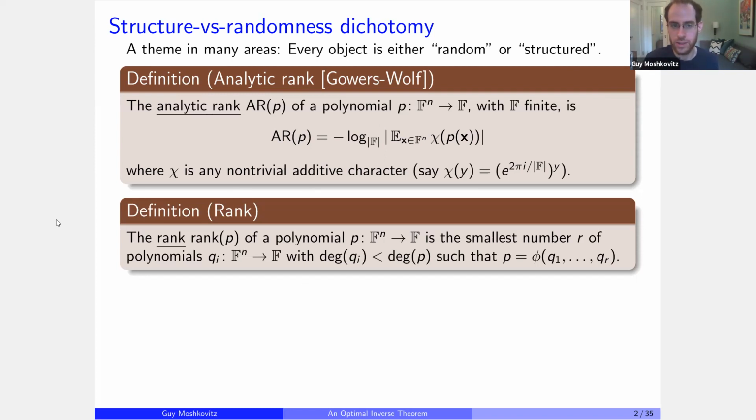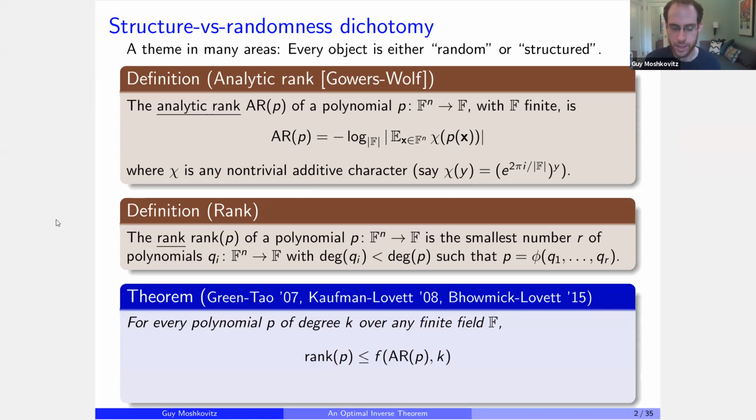And so the first notion came up in the context of higher order Fourier analysis. In Fourier analysis, you're talking about chi of a linear polynomial. Here you have chi of an arbitrary degree polynomial, but we don't have to think about Fourier analysis here. So analytic rank just measures the bias of the polynomial. Rank measures algebraic structure.